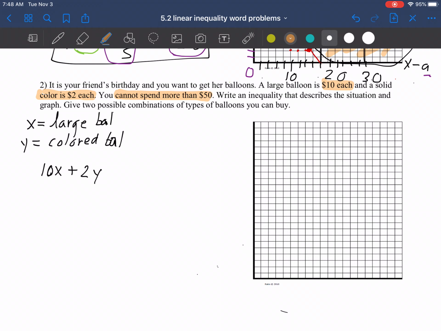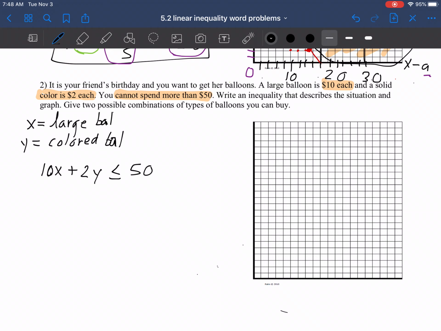You could actually spend 50 if you want. You just can't spend more than that. So 49, 48, 47, which means for this inequality, this amount of money needs to be less than or equal to $50, because you cannot spend more. So the inequality you're solving has to be less than or equal to $50. So there's your setup there.